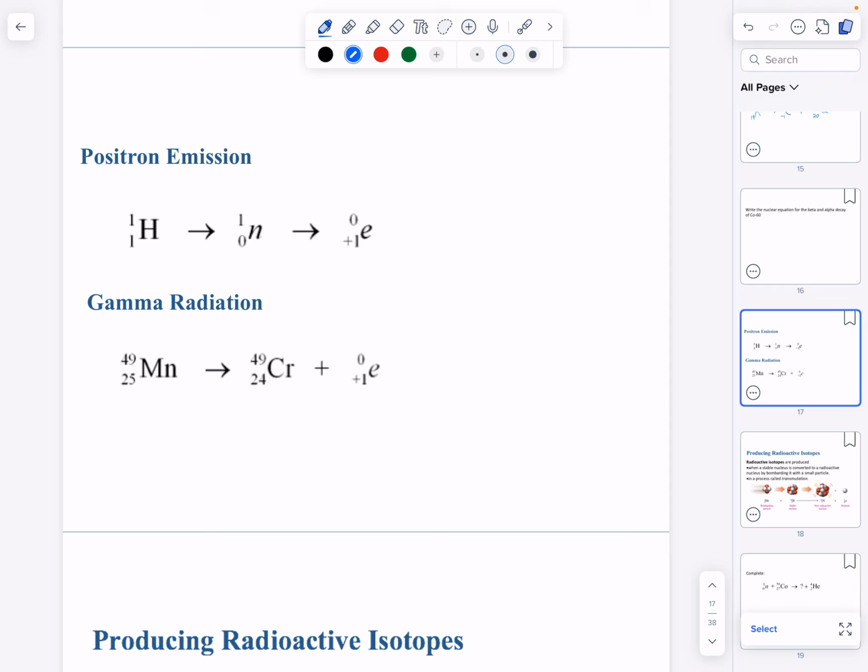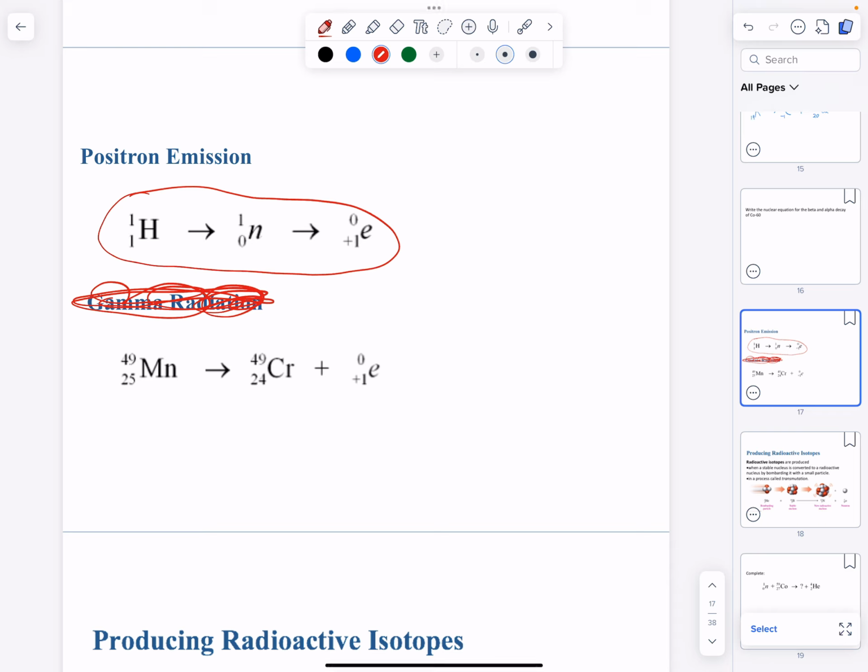This gamma radiation should not be here. This is only to tell you how the positron was created, how a positive electron is created. A proton in the nucleus becomes a neutron, and that is going to produce a positive electron. This is just for your information.